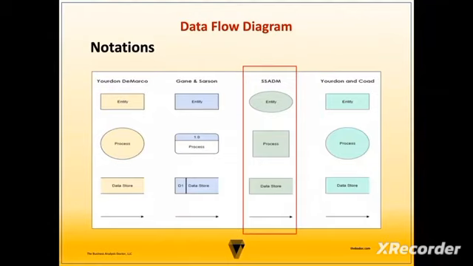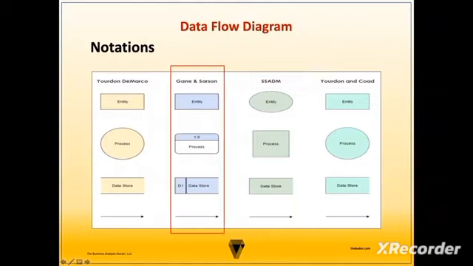The SSADM notation, which stands for Structured System Analysis and Design Method, usually swaps how the shapes are used. Here, the entity has a circular shape, while the process is a square. The data store here is also a rectangle with the right side open, and the data flows are lines with arrows. Now let's look at Gane and Sarson.